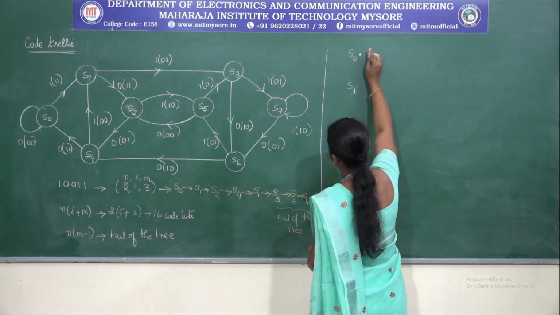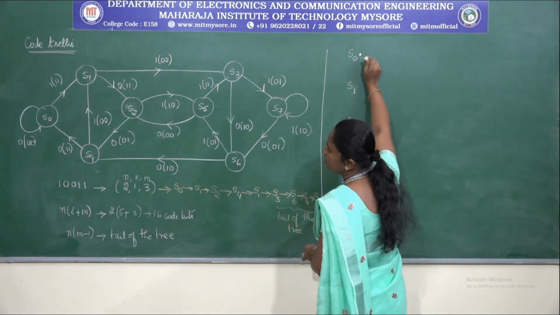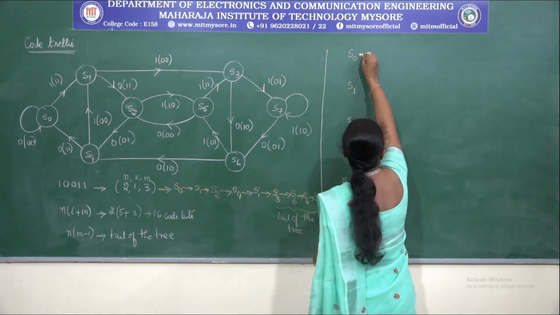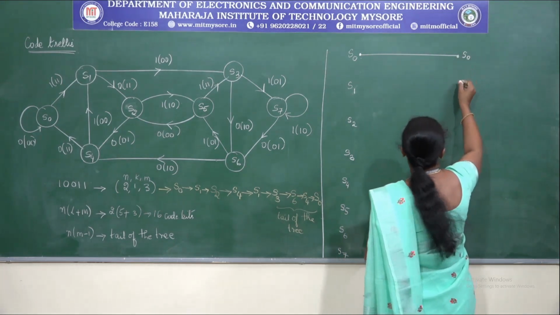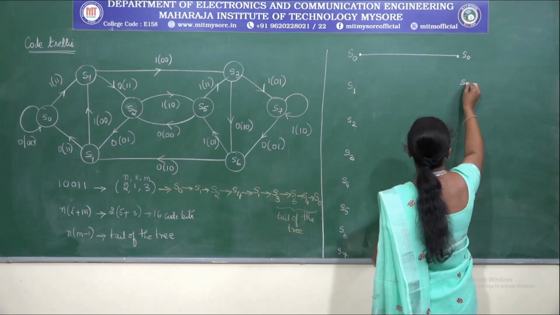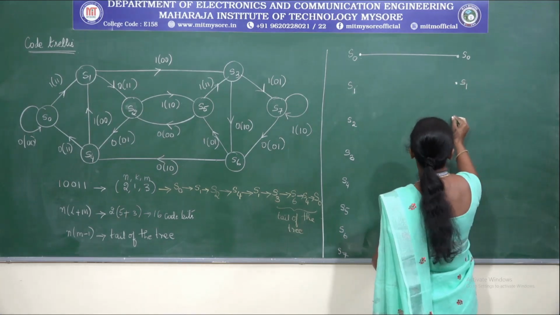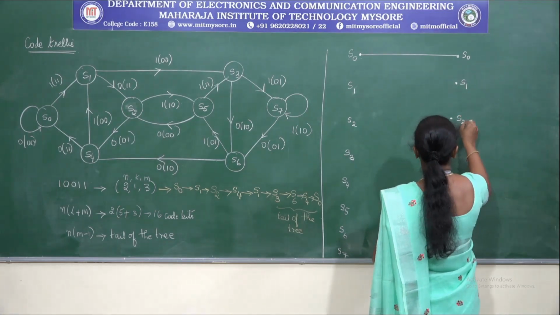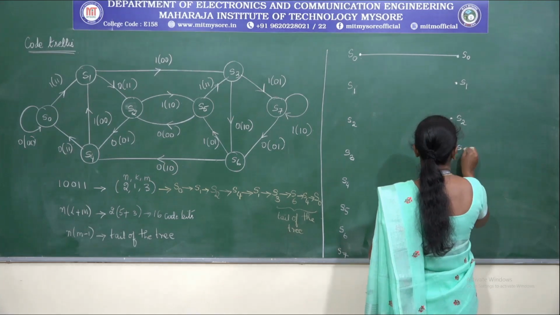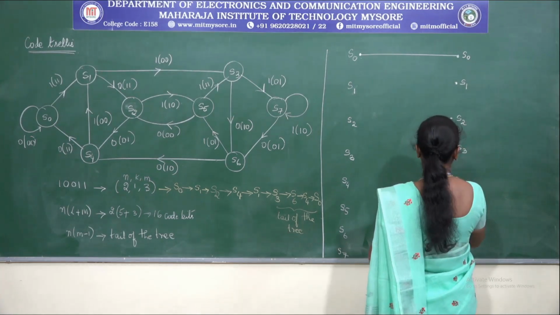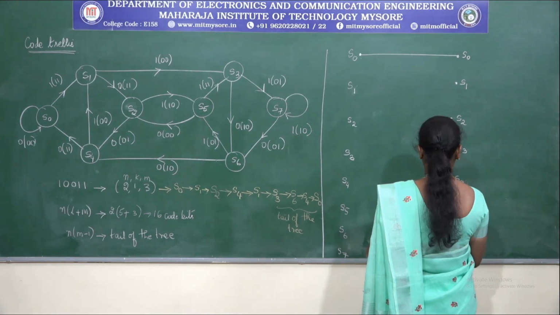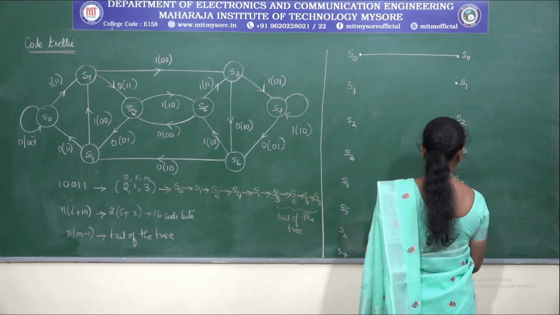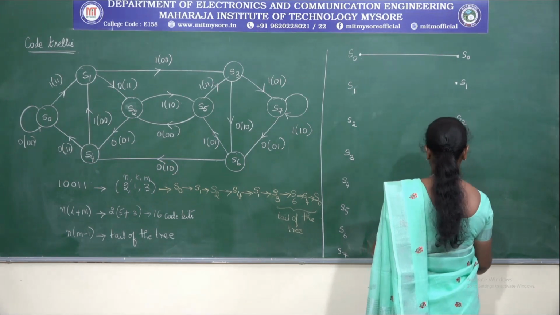So this is for S0 with input 0. With input 0 it reaches S0. So here we have the same stages, S2, S3, S4, S5, S6 and this is your S7.